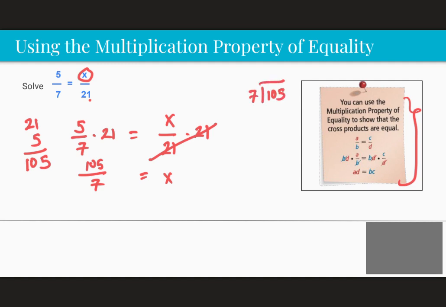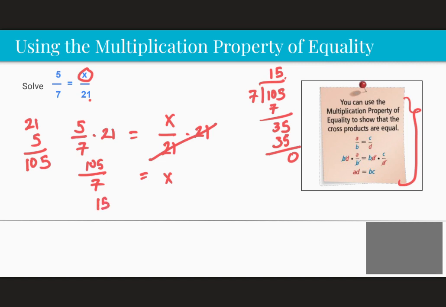So it would be 10 and 7, so we get 1, and then 1 times 7 is 7, and then 35. 35 divided by 7, you should get 5, and 5 times 7 is 35, gives us a 0, and our answer should be 15. So x is going to be 15.